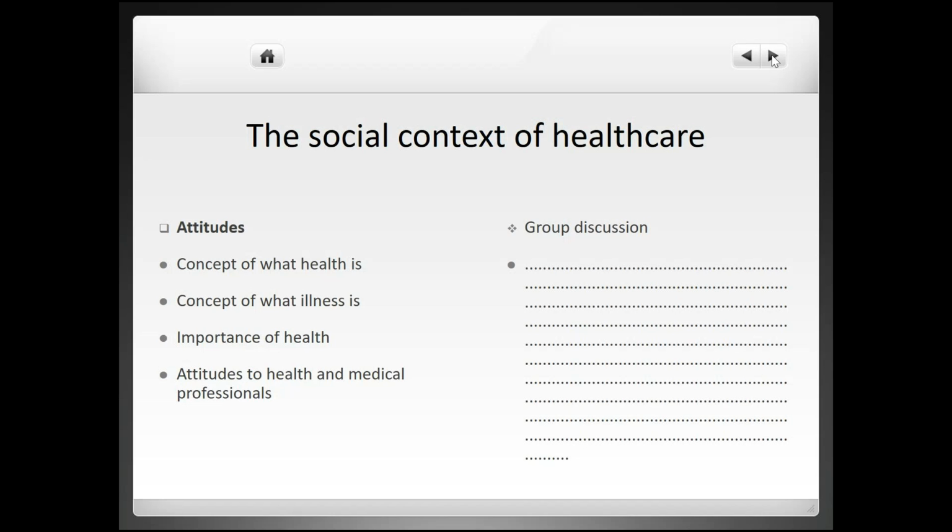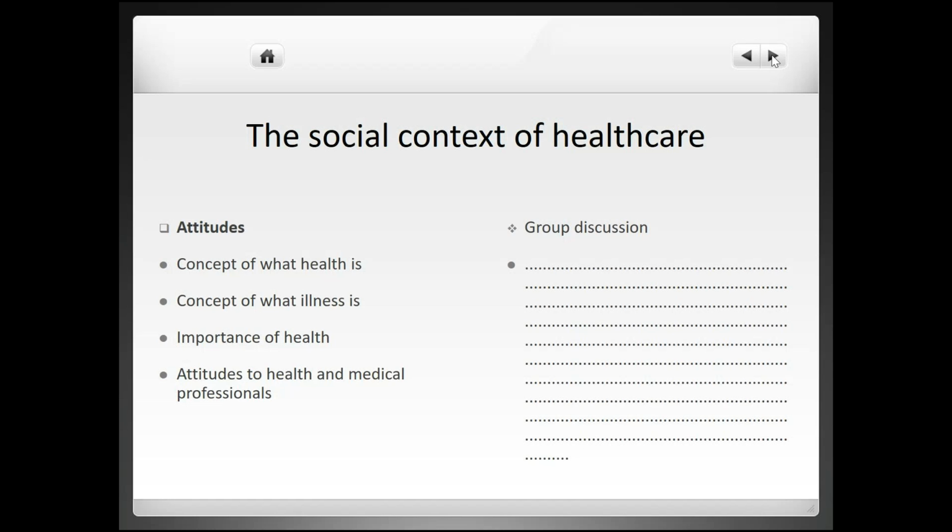But in the general framework of the WHO, health is basically the idea of not the absence of disease or infirmity, but complete well-being of the individual, which is physical, spiritual, social, emotional health of the person.